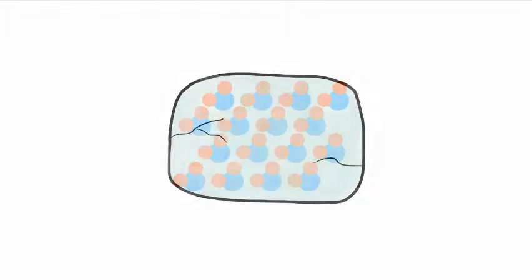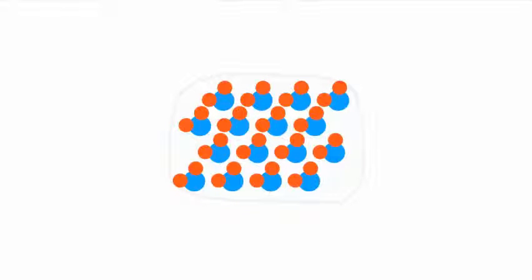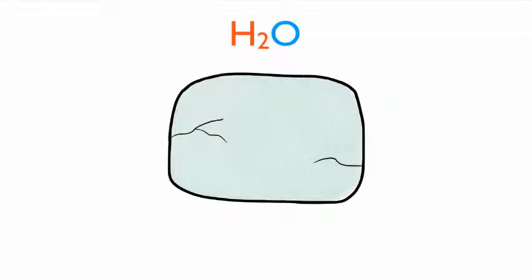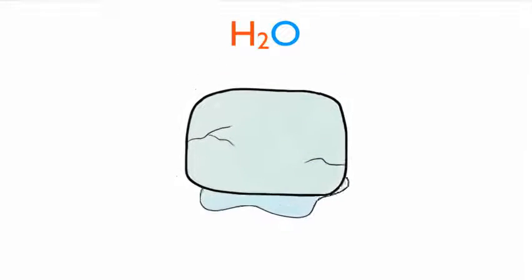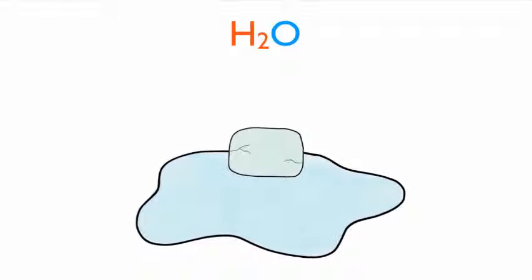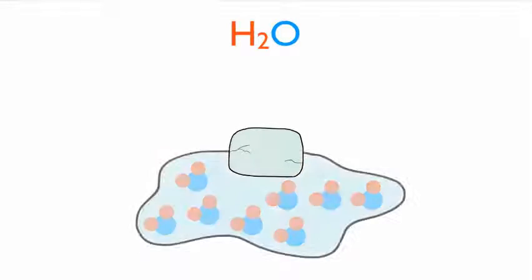A closer look at ice will show us that frozen water is H2O molecules made of hydrogen and oxygen atoms. When the ice cube melts, the molecules stay H2O. They just change from a solid to a liquid.